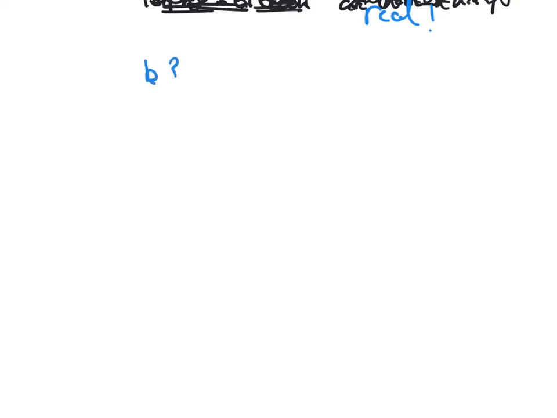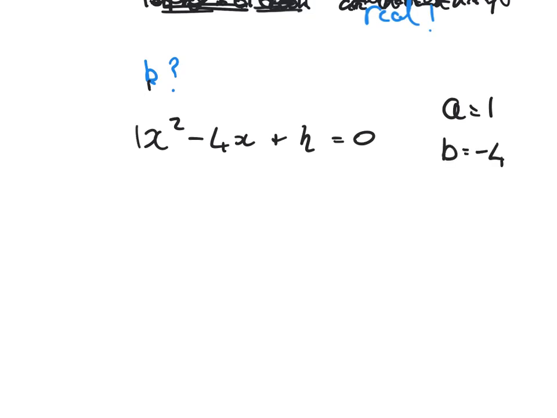For what value of k does this equation have real roots? x squared minus 4x plus k is equal to 0. Okay, first of all, a is equal to 1. As we can see, b is equal to minus 4 and c is equal to k.